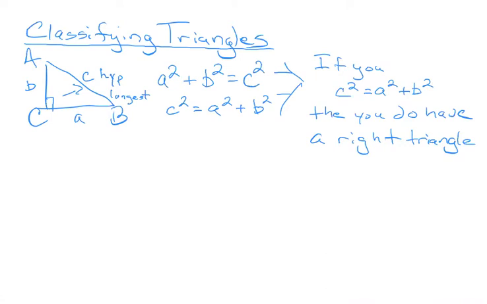So when we want to classify triangles, the first case: if we got a relationship, C squared equals A squared plus B squared, then it is a right triangle.